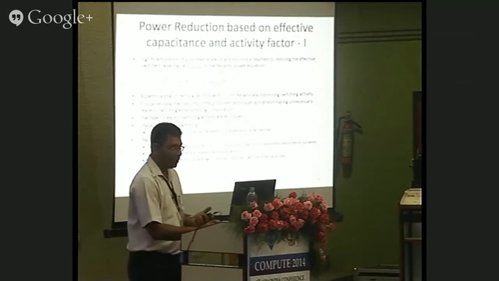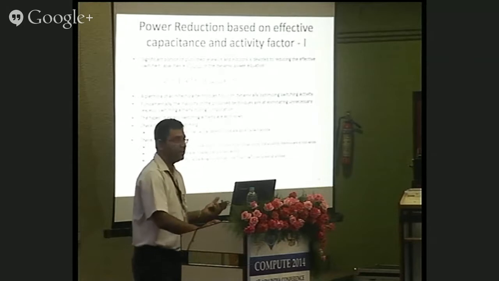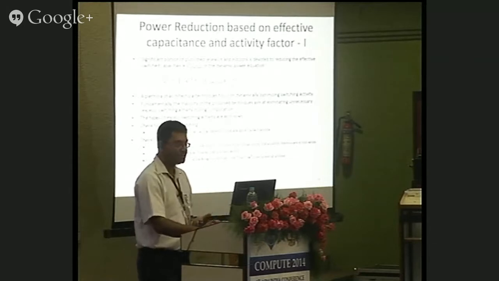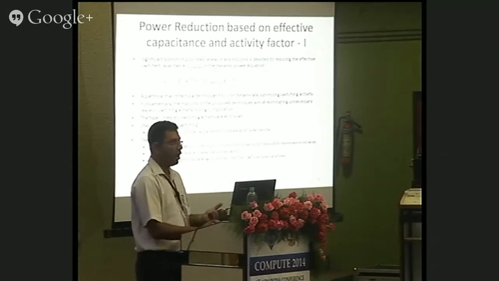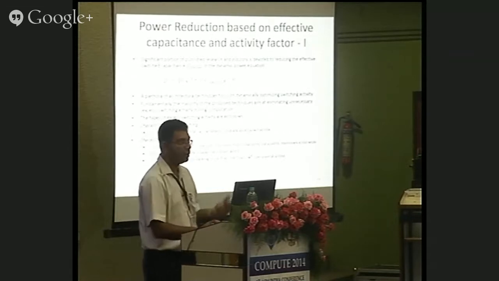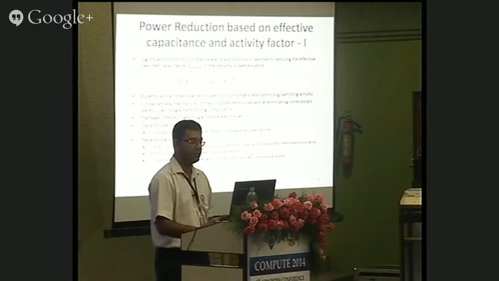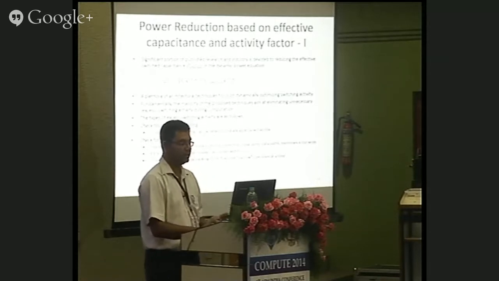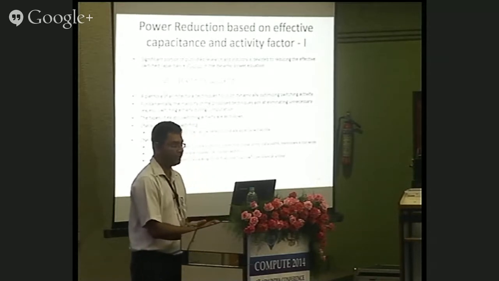Finally, DFS is a technique in which we can reduce our power consumption. But how about capacitance and activity factor? Can we do something to get power reduction based upon certain techniques with capacitance and activity factor?